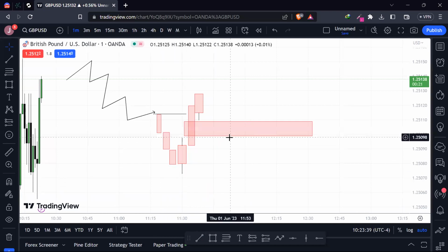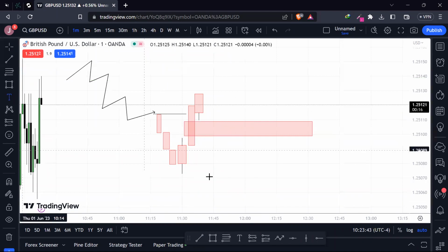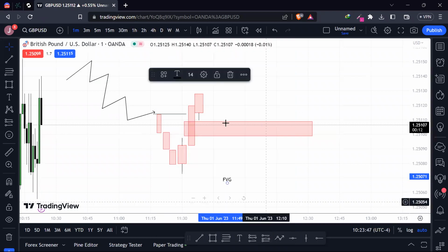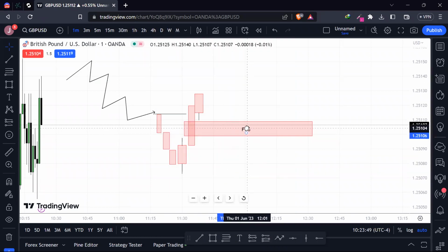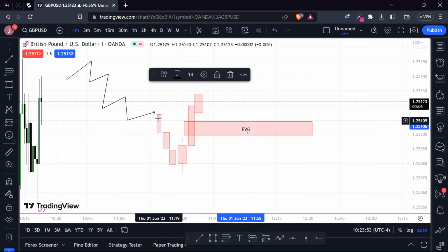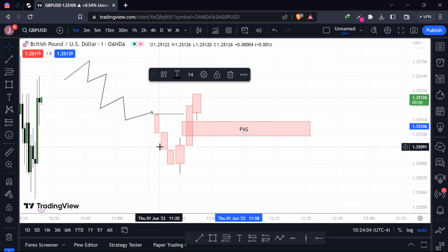So why is this the FVG? There were bearish candles, and the 3 is just a number, I just said 3 for the sake of the picture.